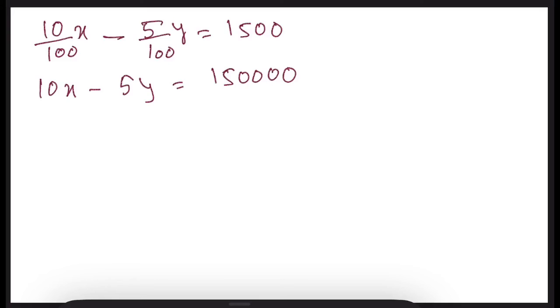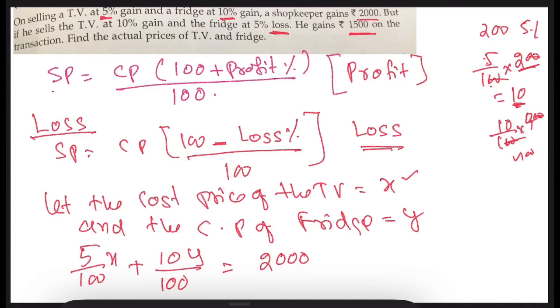So now 10x minus 5y equals 150000. Now you see, in the second case he is getting a loss on the fridge, so gain minus loss, this is also gain only. So for 10x, this 100 we multiplied here. So this is our second equation. What is our first equation? This one is the first equation.